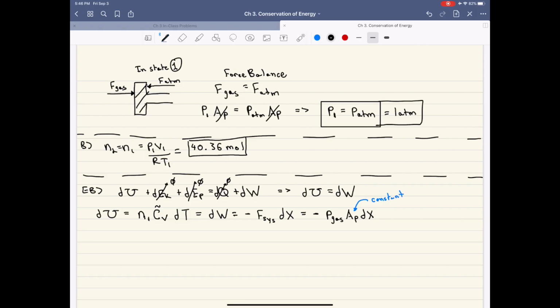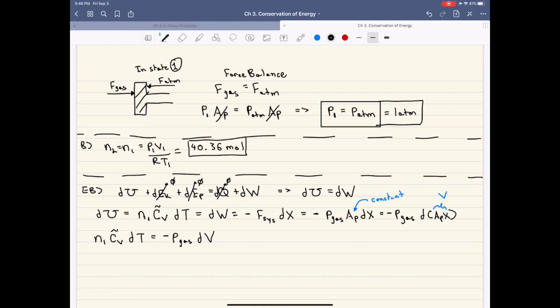So what we could do is move that inside of the differential. And when we do that, we know that area times the displacement gives us volume. And so what we get is the internal energy, or the left-hand side of the equation, is now just equal to negative P gas times dV. Okay? And so that's all just from manipulating the energy balance.